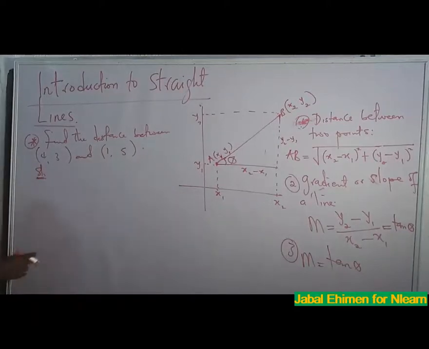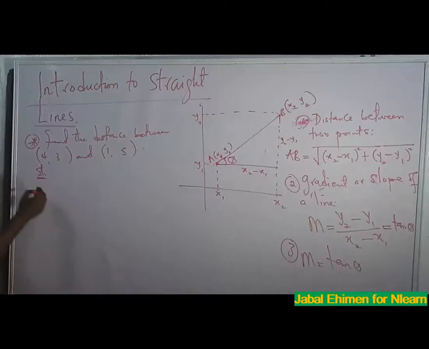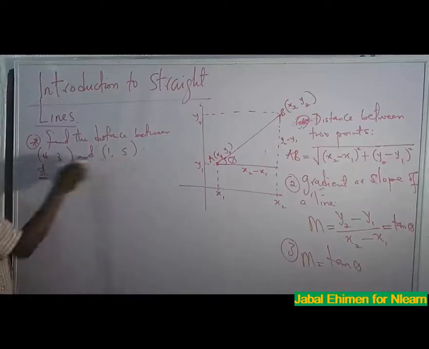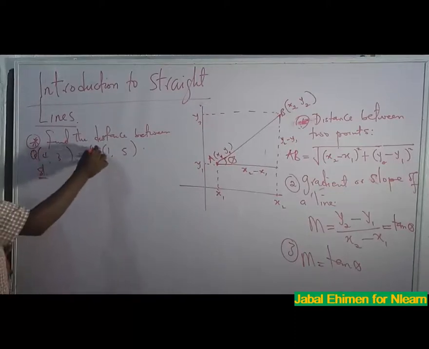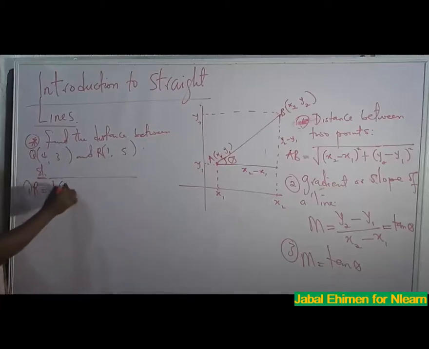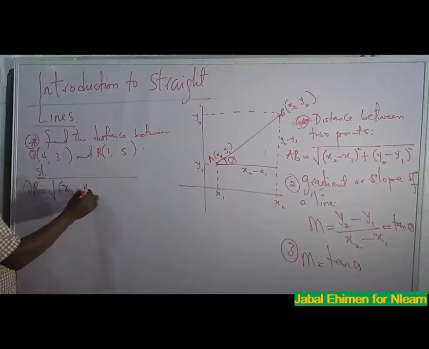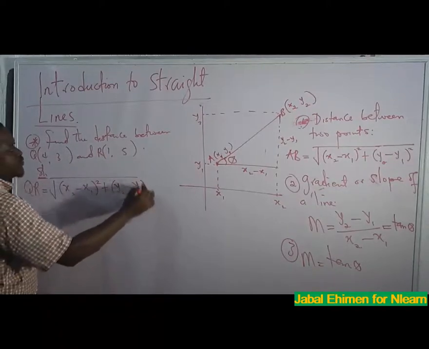Solution to this is simple. You can have something of this nature. The distance between these 2 points, probably this is point Q and this is point R. So QR will give me square root of x2 minus x1 all squared plus y2 minus y1 all squared.